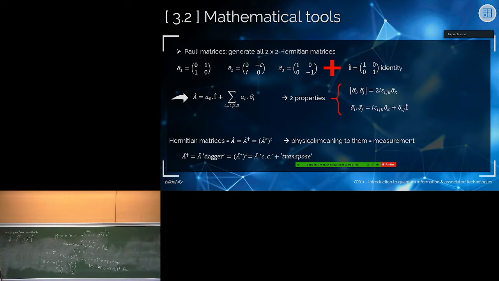And we've seen an example on sigma 2, where we take the complex conjugate, and then we take the transpose, so the symmetry along the diagonal of the matrix, and we end up with the matrix that we started from.